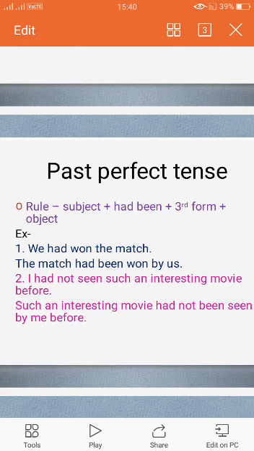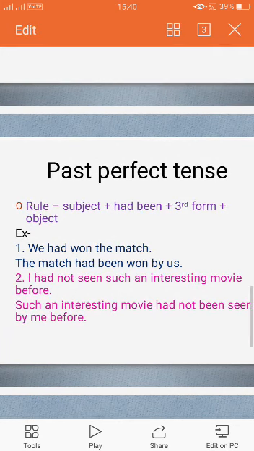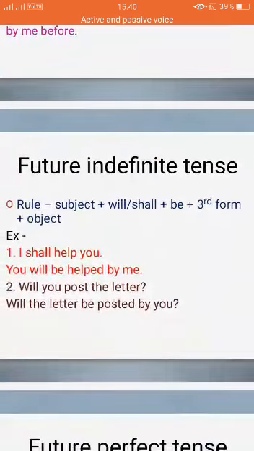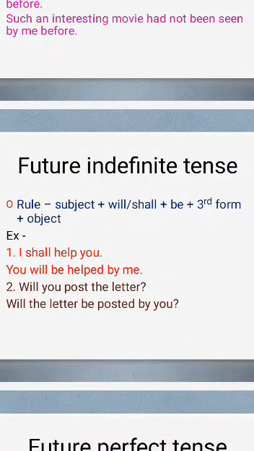Next example is in negative. I had not seen such an interesting movie before. When we change into passive, we will write such an interesting movie had not been seen by me before. Now next tense is future indefinite tense.